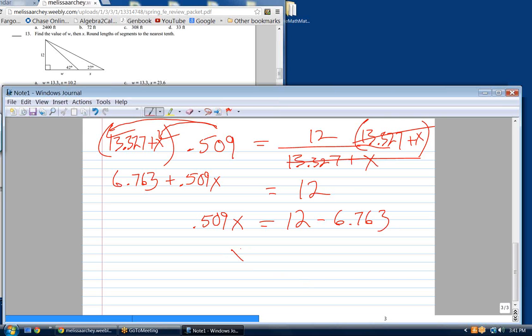And then divide everything by 0.509. There's your answer right there. Well, then you want to turn that into a number. I asked if you could leave it like that or if you have to solve it.